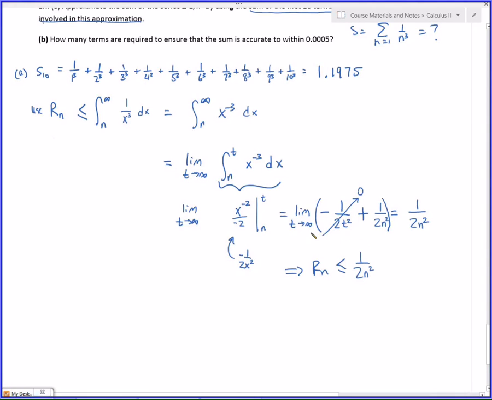So what's the upper bound for the remainder when I do the first 10 terms? It's less than or equal to 1 over 2 times 10 squared, or 1 over 200. Which, by the way, is 0.005.